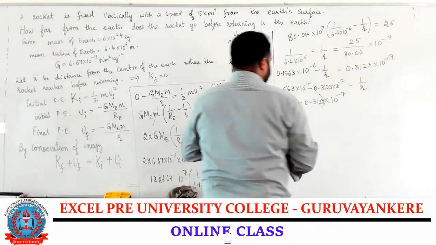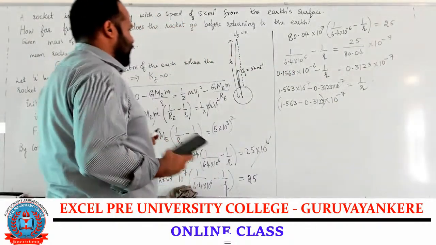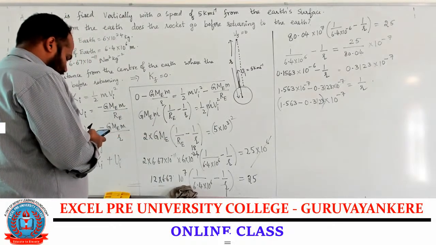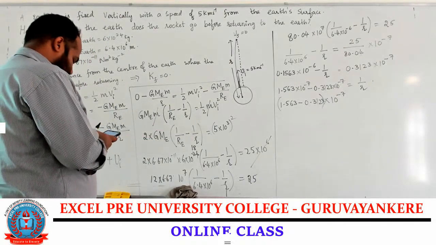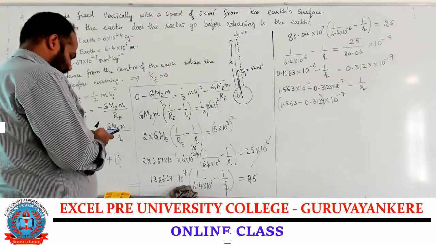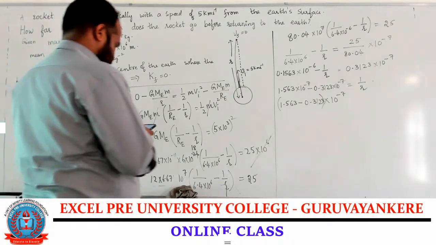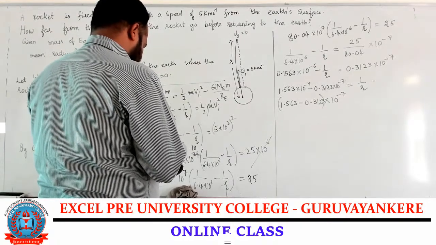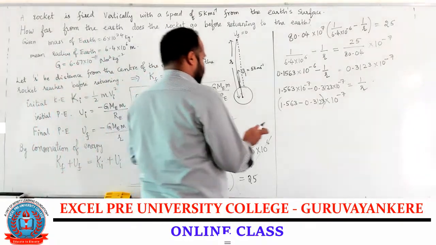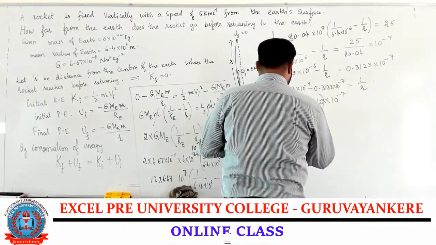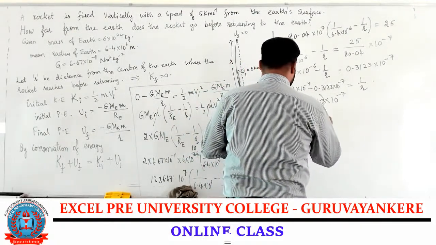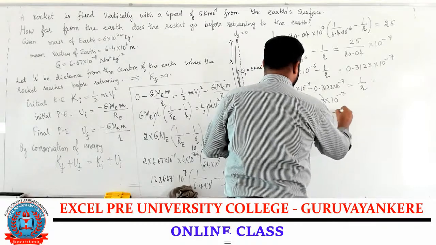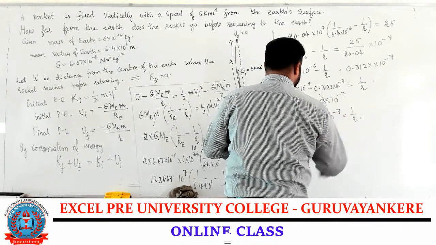Okay. So taking their value, write fast. Get it done, calculate it. 1.563 minus 0.3123. So it is 1.2507 into 10 to the power minus 7 is 1 by r.